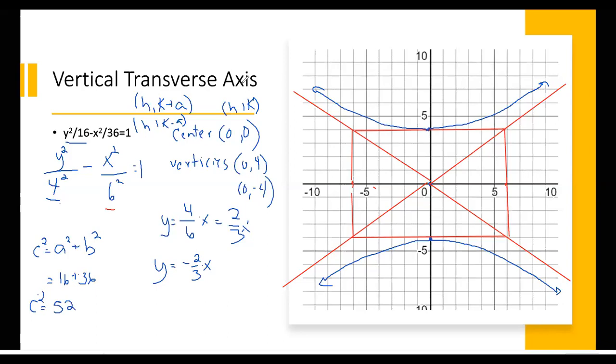So c is equal to the square root of 52, which is 2 square roots of 13. Okay? So we're going to move in our y direction 2 square roots of 13 to get to our foci. So our foci is at 0, 2 square root of 13, and 0, negative 2 square roots of 13.